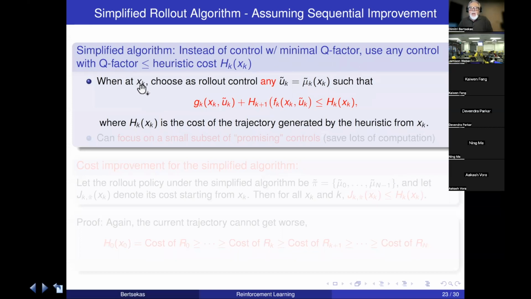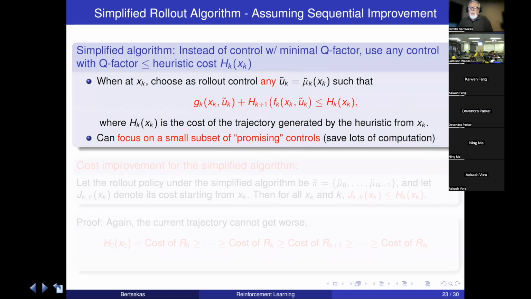In other words, when you are at x_k, choose as rollout control any u tilde that has a Q factor less than the cost of the base heuristic starting from x_k. And the idea here is to focus on a small subset of promising controls, find one that satisfies this condition in order to guarantee cost improvement, and in this way save lots of computation.